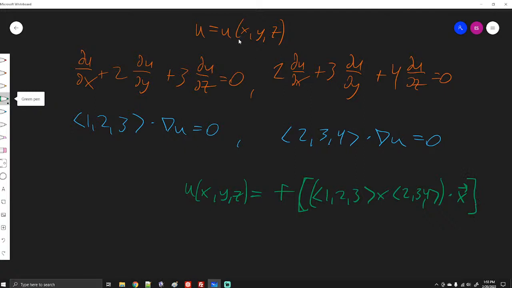So yeah, because u is a three-dimensional function here, x, the position vector, is going to be x, y, z.